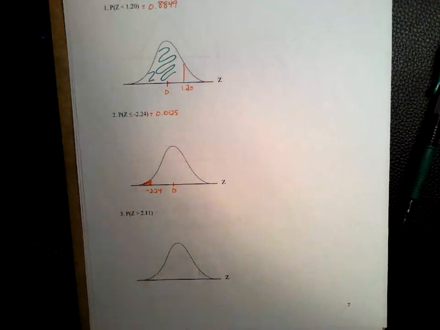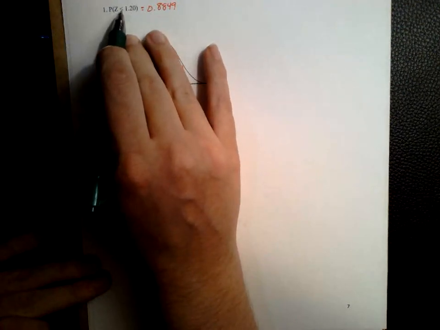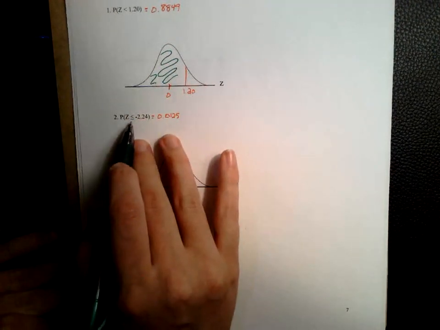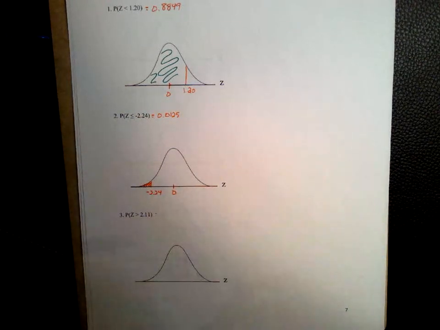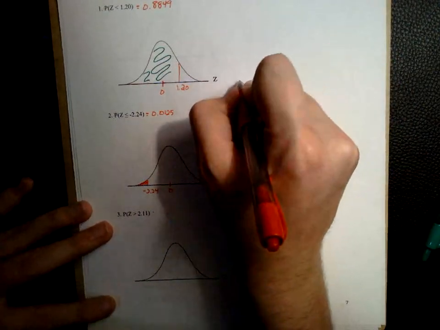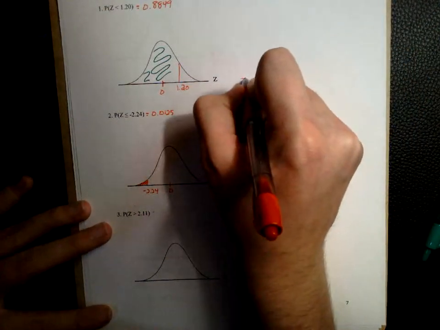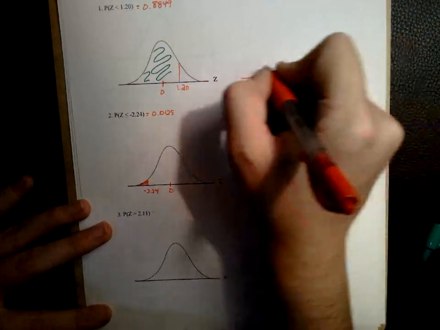0.0125. Now, one thing I will notice here, some of you may say, does it make a difference if I have just less than and less than or equal to? And the answer is, for a continuously distributed random variable, the answer is no. Think of it this way. We said that probability was represented by area, right? So here we have the z distribution.